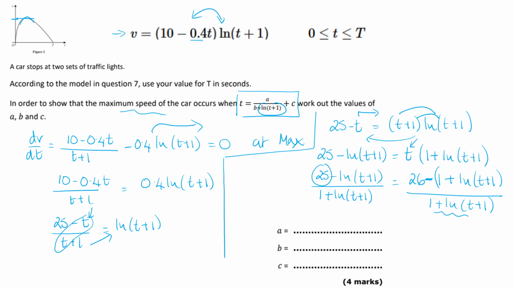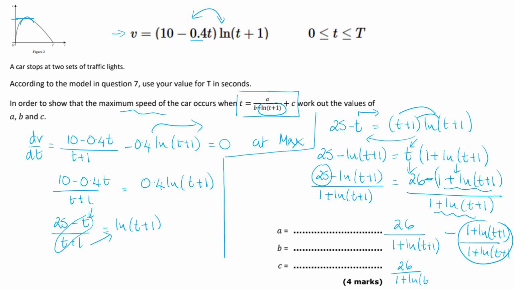Then I can see I've got the same denominator, so these two terms on the top I can just split up and say I've got 26 over 1 plus the ln of t plus 1, minus 1 plus the ln of t plus 1 all over 1 plus the ln of t plus 1. So of course this bit here is just 1. So I've got 26 over 1 plus the ln of t plus 1, minus 1, which is now of the form that I'm being asked for. So A is 26, B is 1, and C is minus 1.